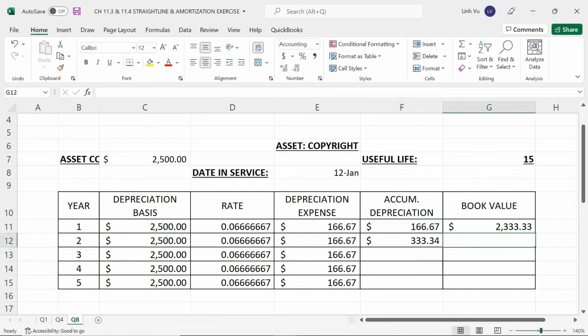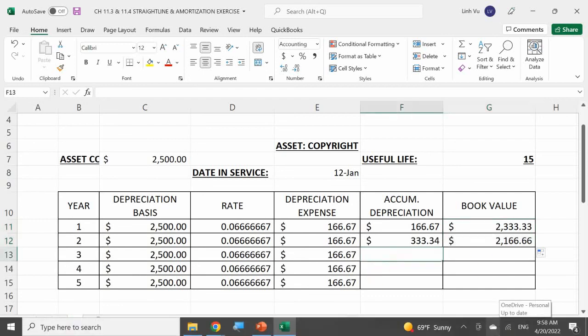We minus now 2500.00 minus 333.34 gives us 2166.66.